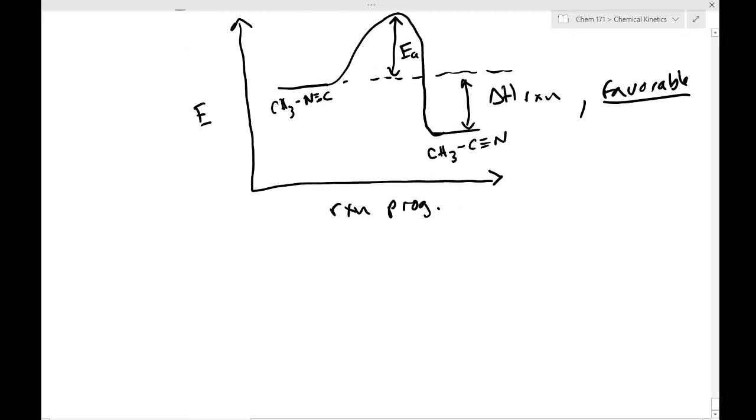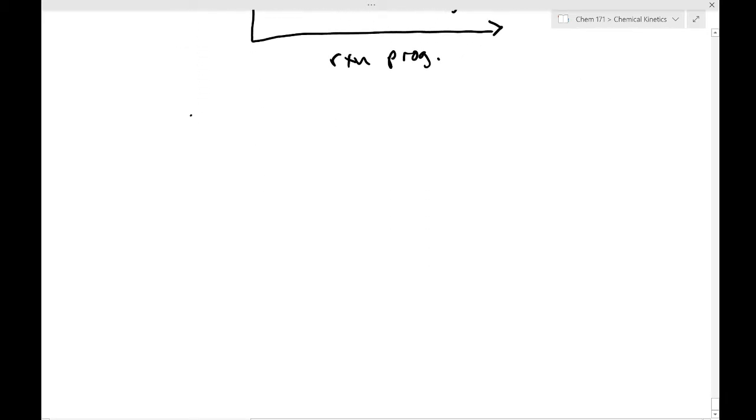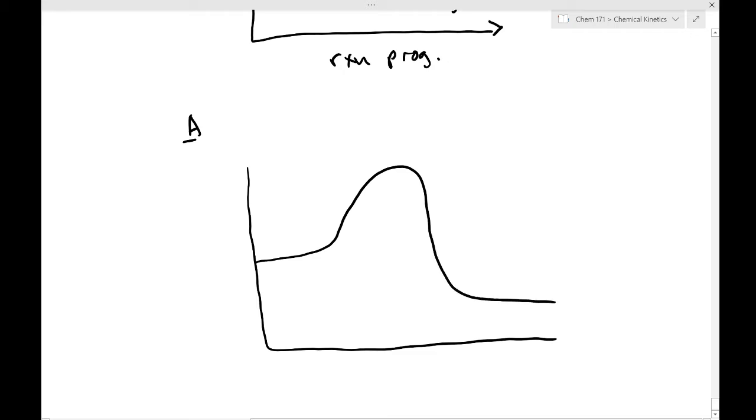Okay, and if we look a little bit closer at the frequency factor, I'm just going to redraw this activation barrier here, going from methyl isonitrile. As we go up this curve along the progress of the reaction, what's happening up at the very top is that we have kind of a weird half bond that's formed with a carbon triple bond to a nitrogen here.